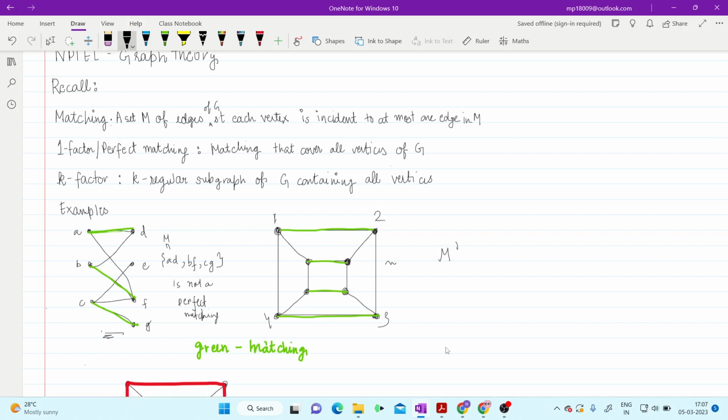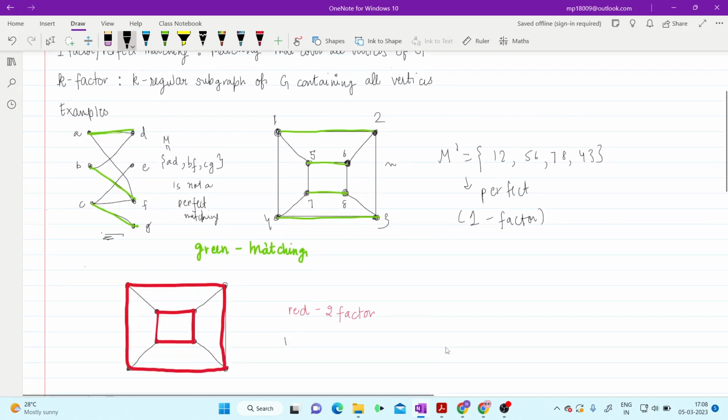In this particular graph, the green edges are forming the matching: edges 1-2, 5-6, 7-8, and 4-3. And this matching is perfect also. Therefore, as we have defined, it is also a one factor.